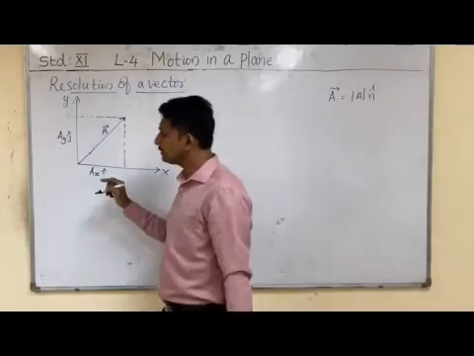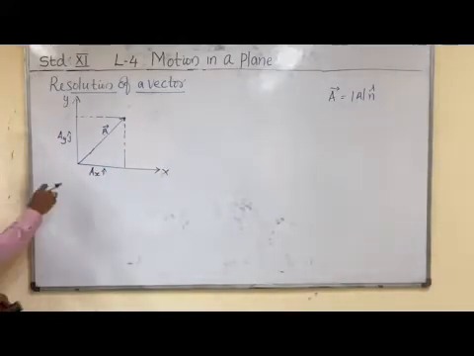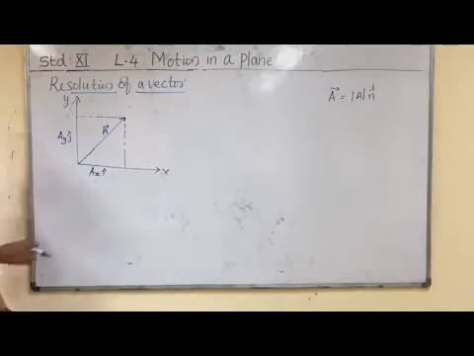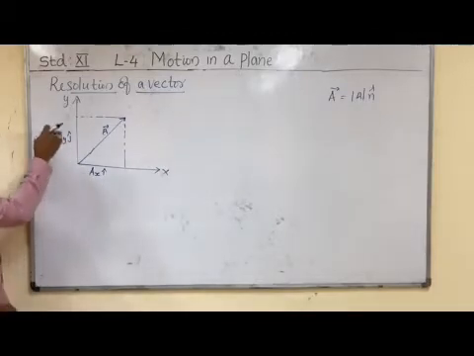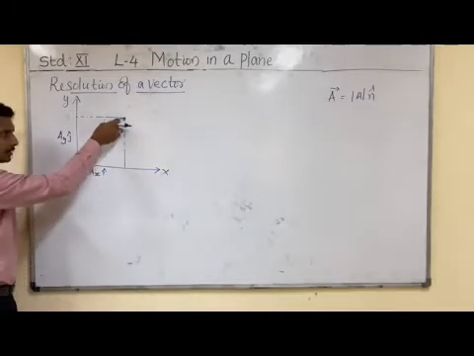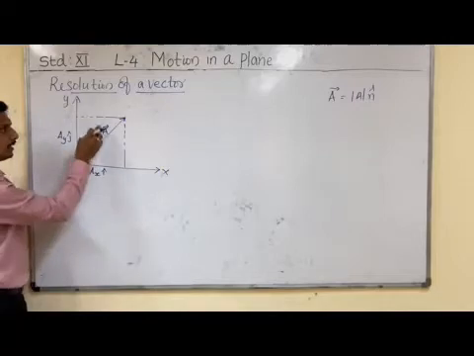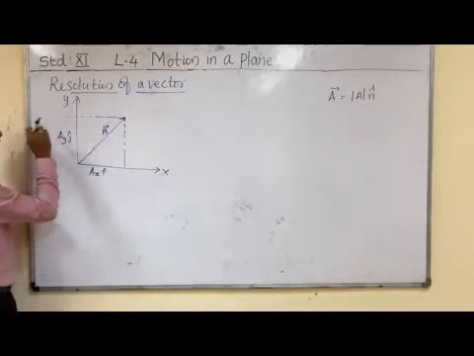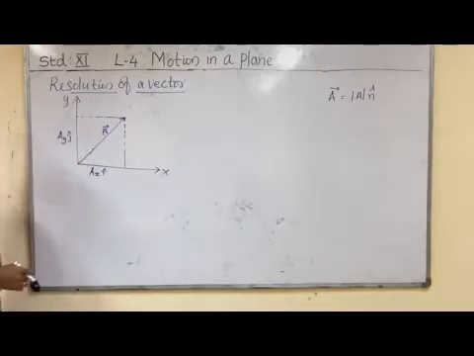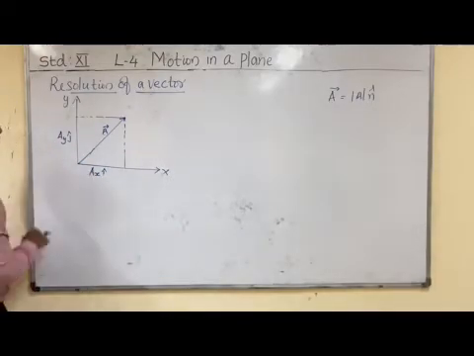So AX is the magnitude of vector A along the x direction, and AY is the magnitude of vector A along the y direction. This is the way we represent the component of vector A along the x direction as AXi, and the component along the y direction as AYj. They are perpendicular to each other.